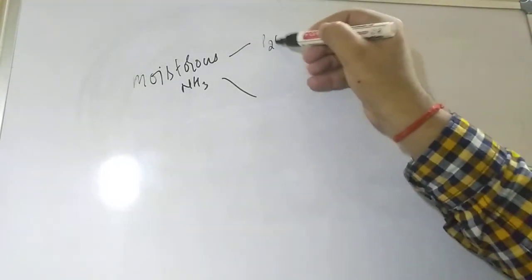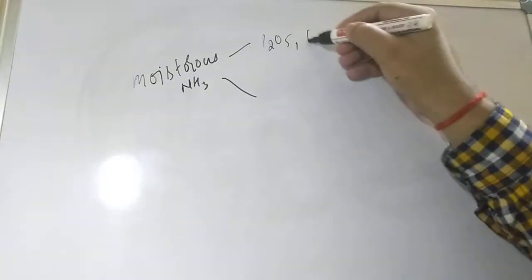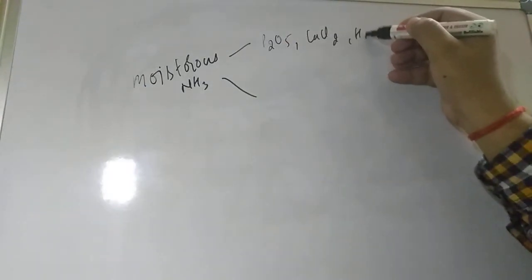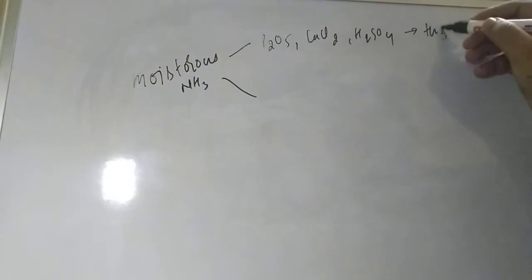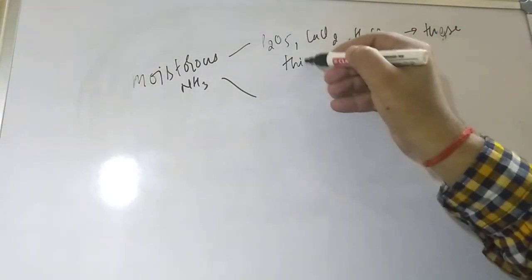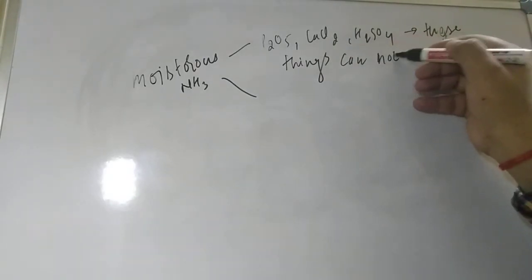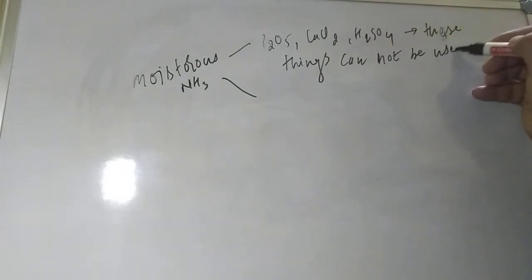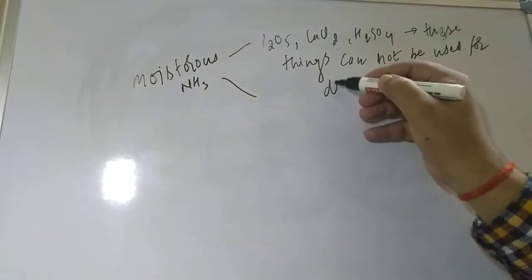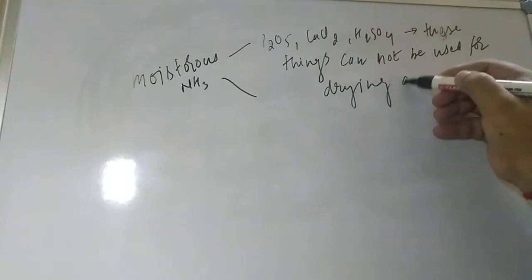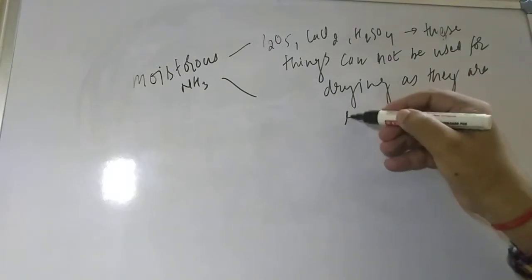P2O5, calcium chloride CaCl2, or H2SO4 cannot be used for the drying process, as they are reactive with ammonia.